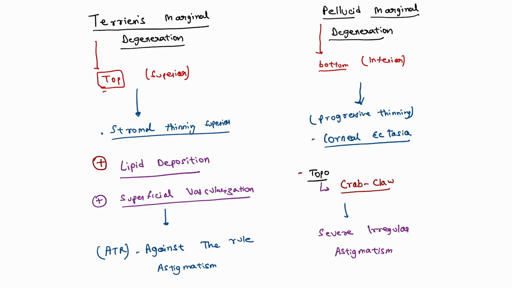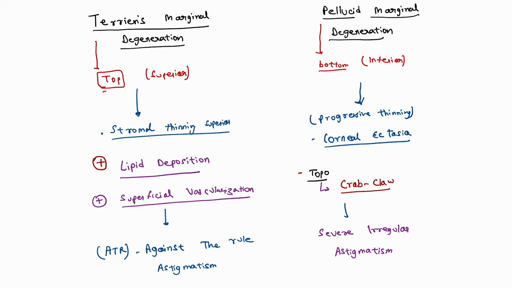So now let us quickly compare Terrien's and pellucid marginal degeneration, because they will ask in the OSCE viva questions. For Terrien's, the location is superior. There will be lipid deposition. It will have superficial vascularization. The epithelium will be intact, and it will cause against-the-rule astigmatism. Whereas pellucid marginal degeneration will be located inferiorly.